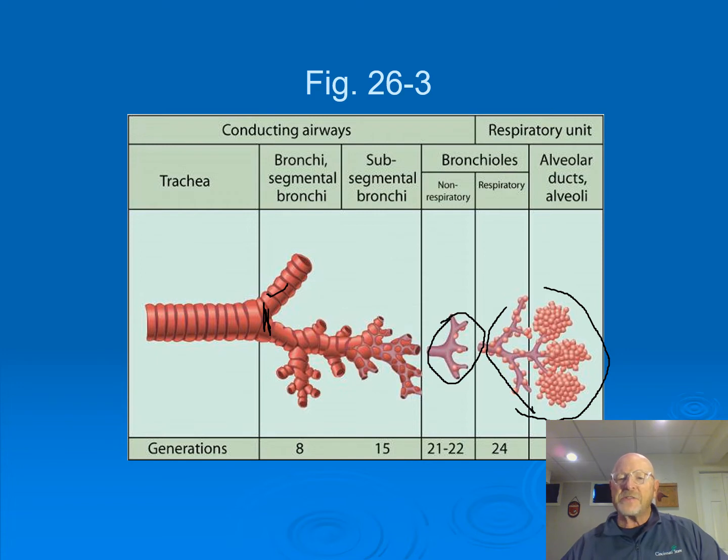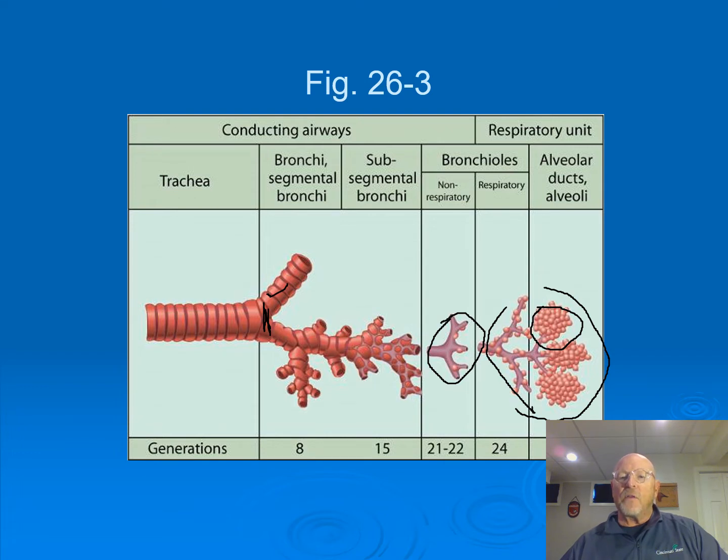The alveoli are the primary place in the respiratory system where gas exchange happens: oxygen getting into the system and CO2 getting out of the system. So if you ask the question, wow, just how many alveoli are there in the human body? There are approximately 300 million alveoli in the body.